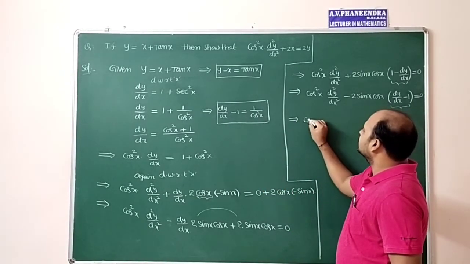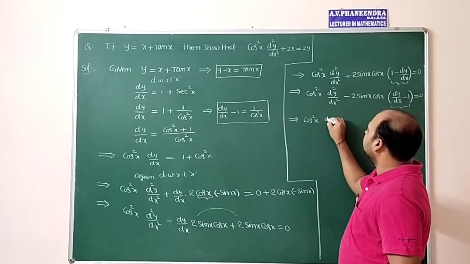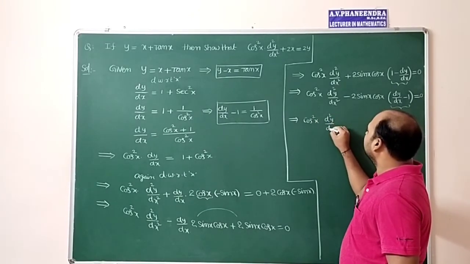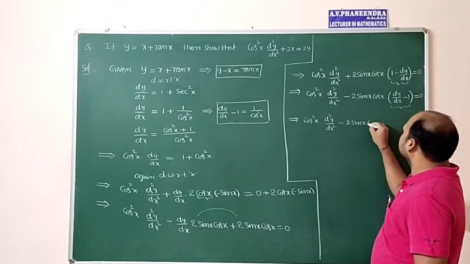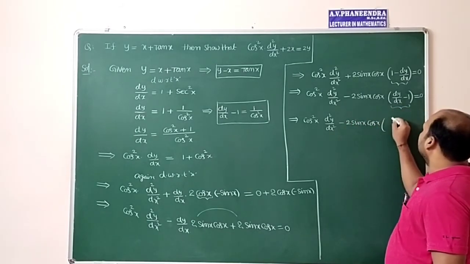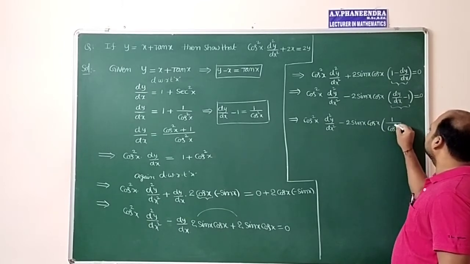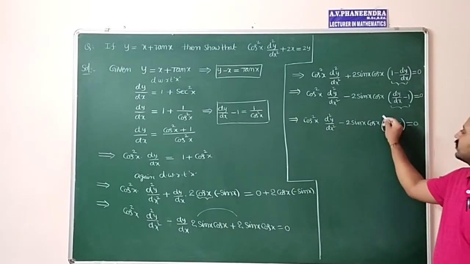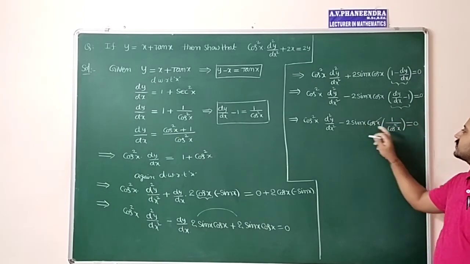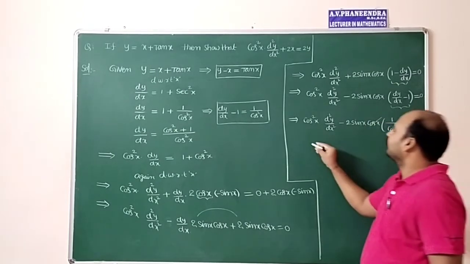So cos square x into d square y by dx square minus 2 sin x cos x into 1 by cos square x is equal to 0. So one of the cos x gets cancelled. Sin x by cos x is tan x.